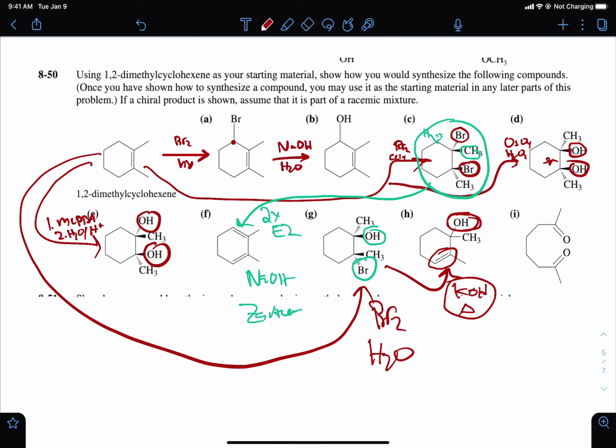Again, take this H from next to the Br, electrons come down and push off the bromine. All right, and then here notice that it's a 1, 2, 3, 4, 5, 6-carbon chain, and we've got these ketones. So essentially all we've done is we've taken our starting material and we've cleaved that double bond in half.